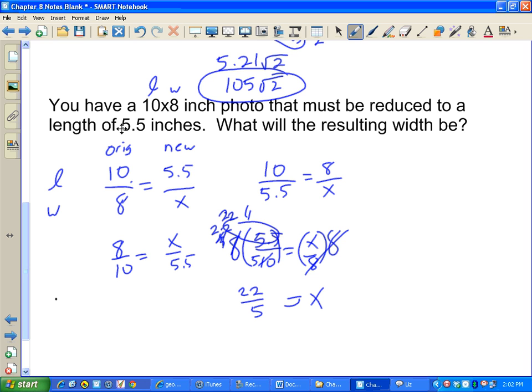Since I have this in decimals and we're measuring, I might want that as a mixed number. So this is going to be 4 and 2 fifths, which is 4.4 inches. And that's going to be the new width of my picture.